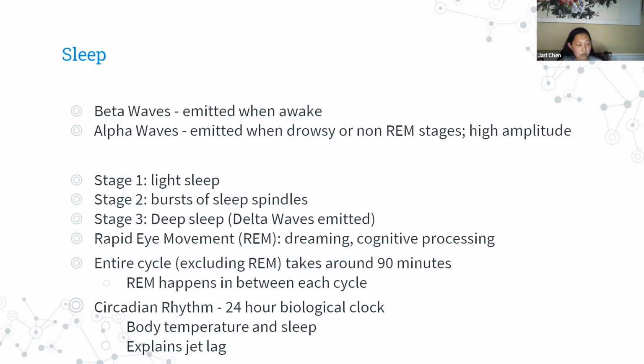There's also circadian rhythm, which is our 24-hour biological clock. It's why you feel sleepy at night, and why when you go on vacation in a different country, you have jet lag. Your body is still not used to this new time zone, so you're still sleepy in the middle of the day.